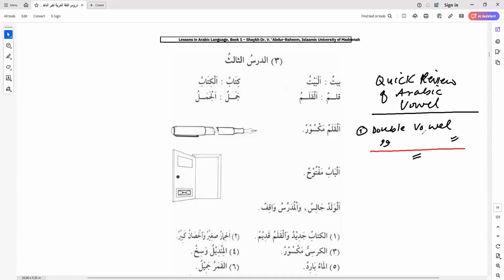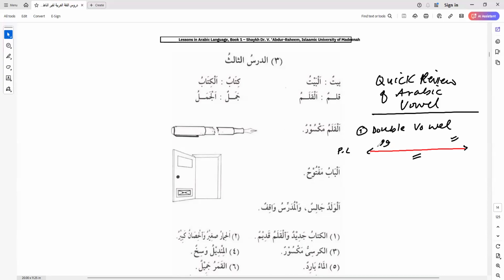Fathatain means double fatha, kasratain means double kasra, and dammatain means double damma. You also have to pay attention to the positions. This line is a positional line, PL. It tells you where the vowel is going to be written.